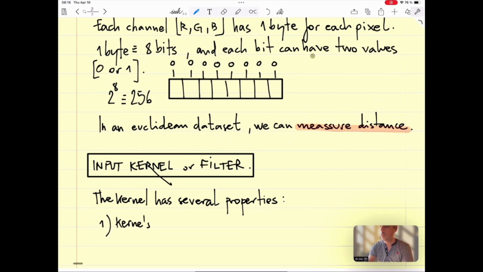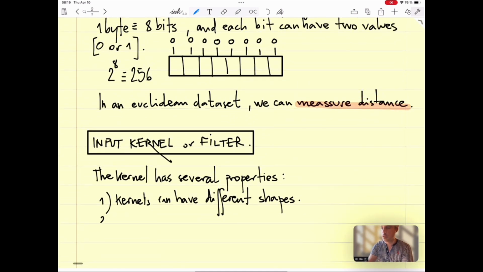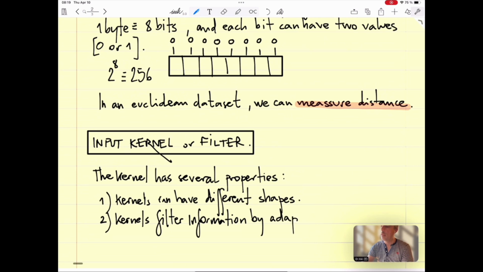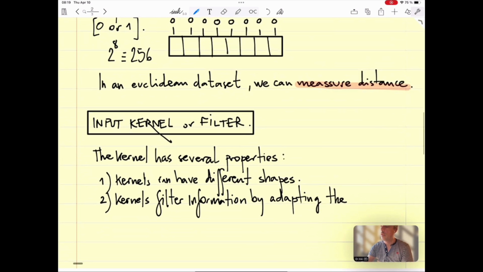Kernels can have different shapes. Kernels filter information by adapting the input Euclidean dataset.